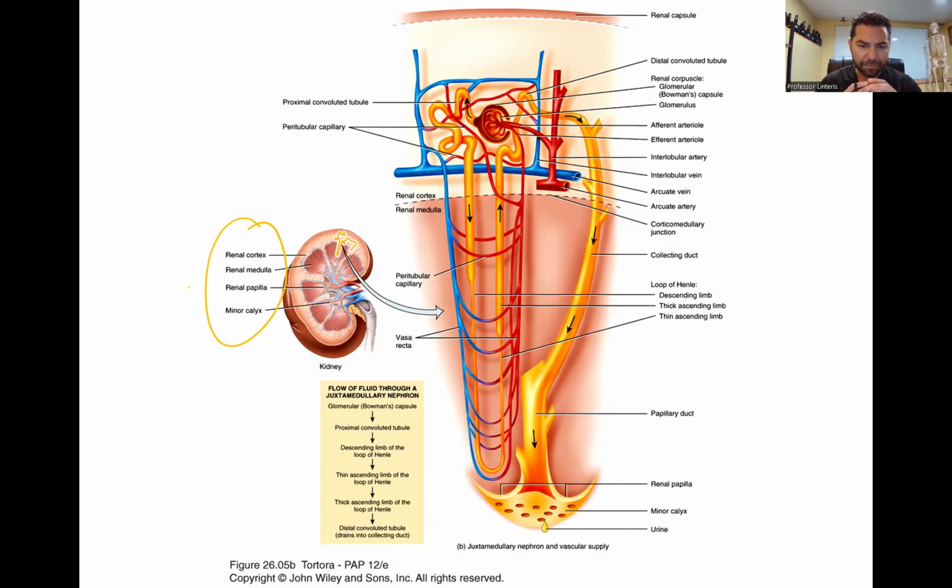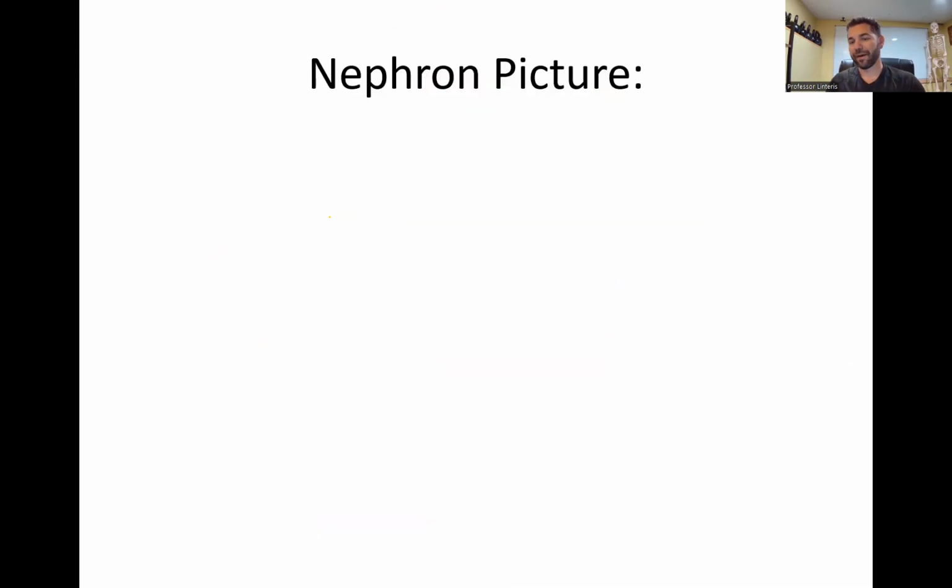You can see that minor calyx as well, which we were talking about. And you can see where this nephron lives. You can always reference this picture for the names and see how they're spelled and where everything is specifically located. But I'm going to draw you a simplified version of the nephron and introduce it like that.